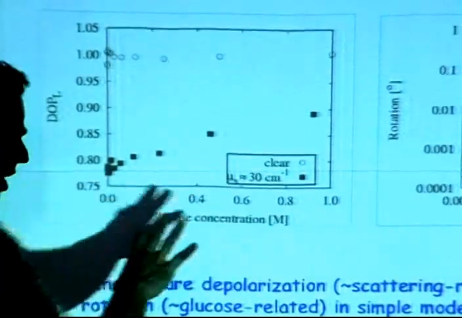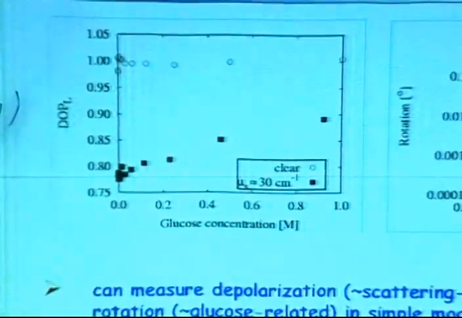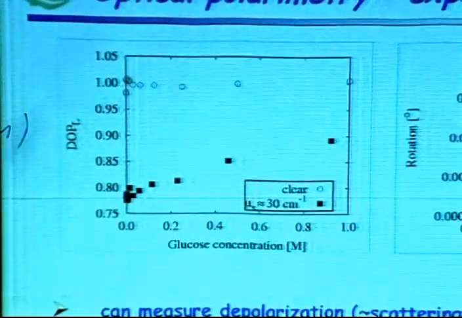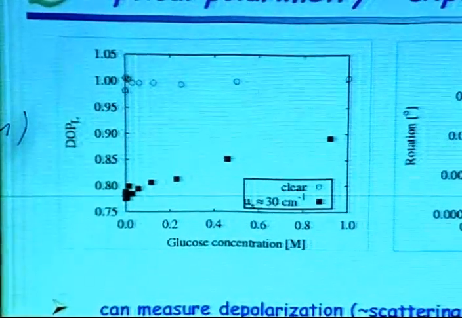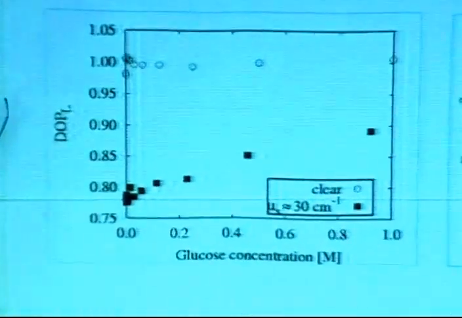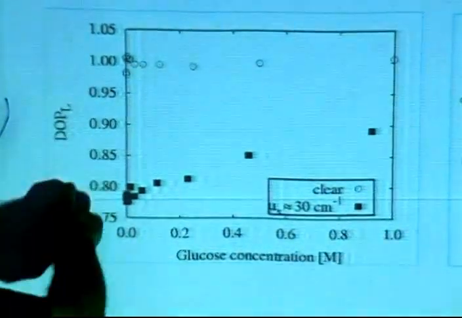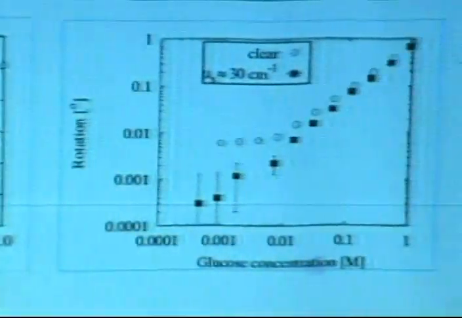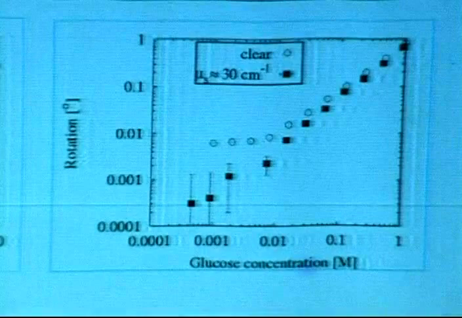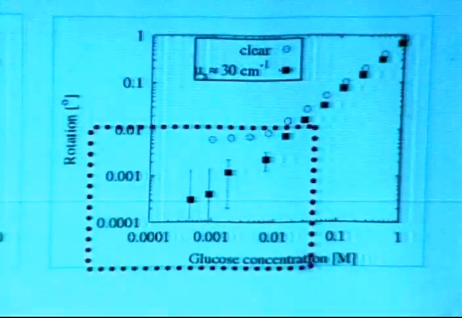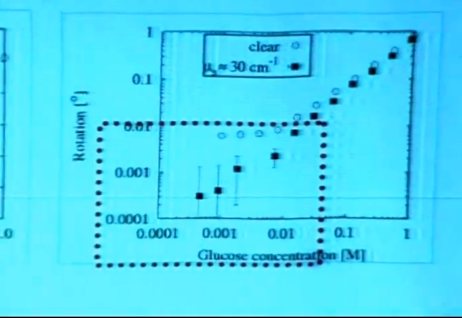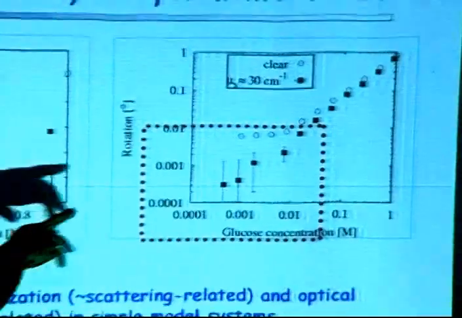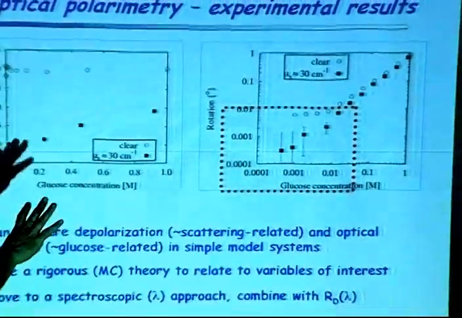Fairly tissue-like scattering, but maybe not so much. 30 inverse centimeters is kind of semi-transparent tissue as opposed to really turbid tissue, so these are early results. This is looking at the retention of polarization and rotation of the linear polarization state. You can see that we're approaching the physiological range, and we can tell the difference between clear media and scattering media, but there's a lot of work to be done.